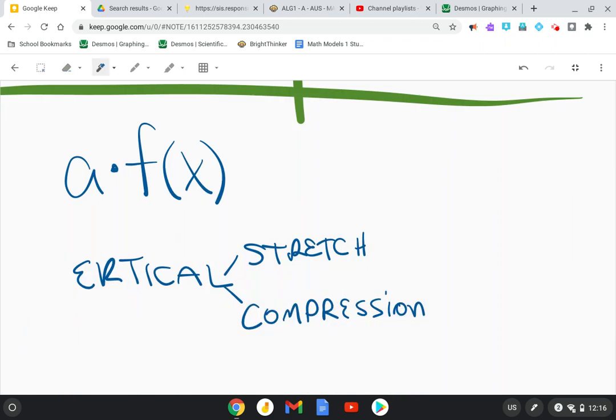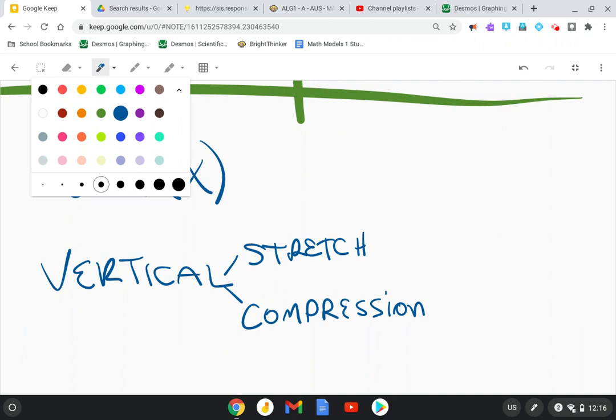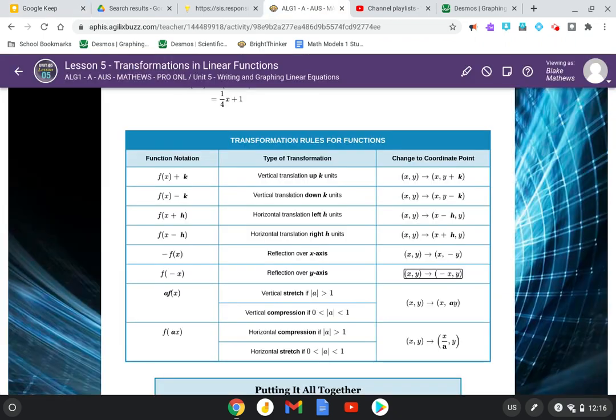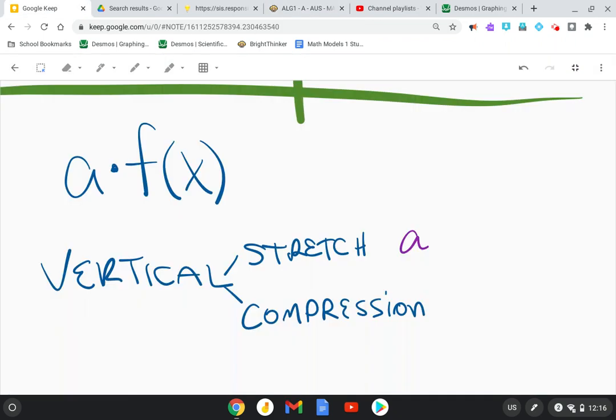So a stretch is going to be whenever the absolute value of A is greater than 1. That would be like the example I had up earlier, which would be like 3 times f of x. That's going to be a stretch.